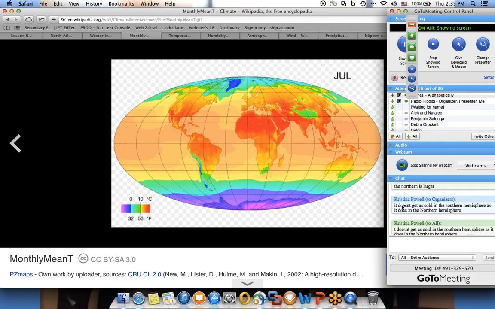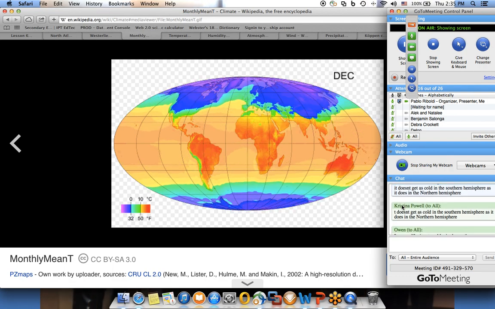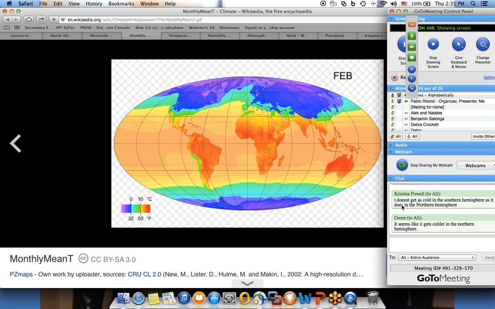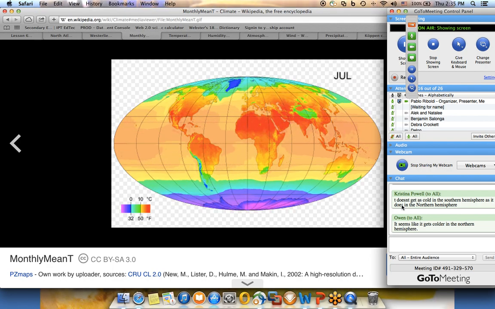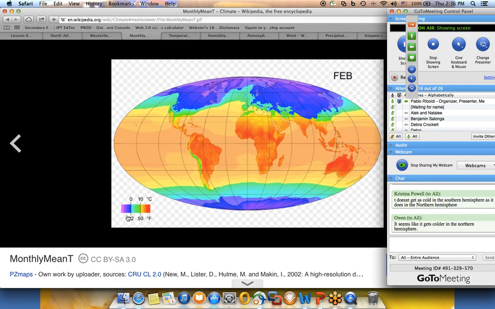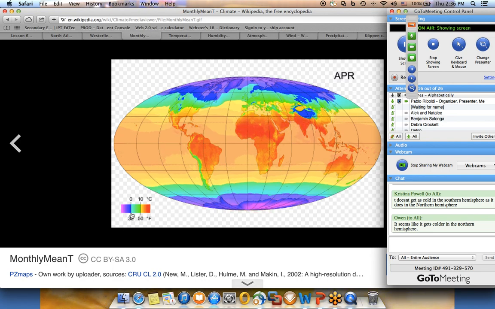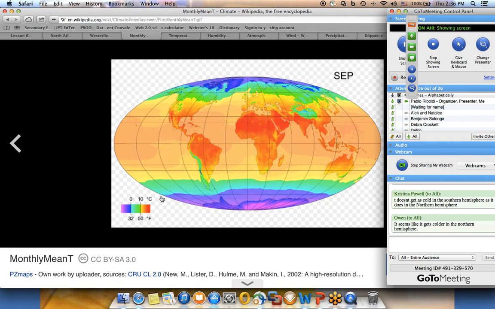It doesn't get as cold in the southern hemisphere as it does in the northern hemisphere. It certainly does, it gets a lot colder. As you can see, anything that is blue is below zero, freezing temperatures.